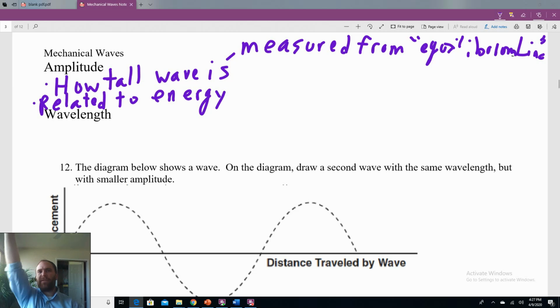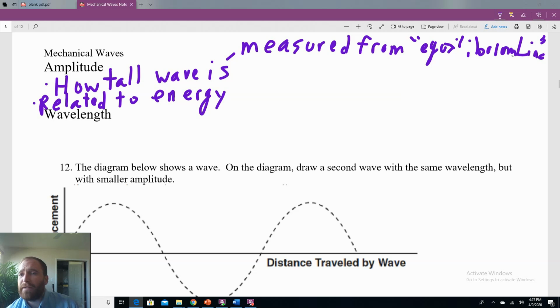You're probably picturing a really big wave, something very tall. That's because with that high amplitude, all of that height, there's a lot of energy associated with it. The equations to calculate the energy related to a wave are complicated, so we're not going to do that. But if you understand that a lot of amplitude means a lot of energy, that's good enough for us.